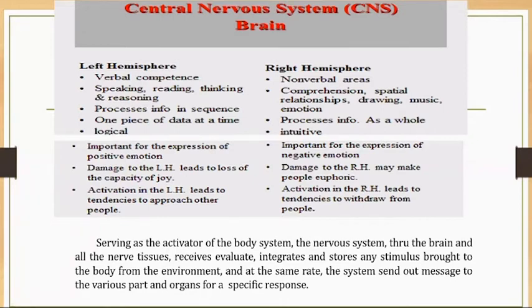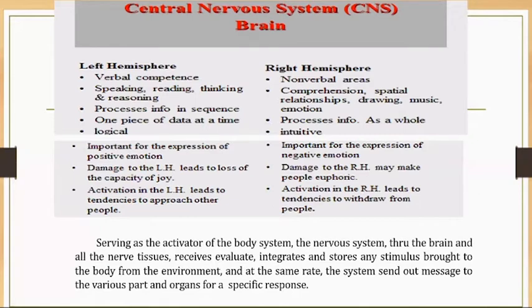Another, damage to the left hemisphere leads to loss of the capacity of joy. That's why it is frightening. We should avoid damaging our left hemisphere because we might lose the capacity of joy. Also, damage to the right hemisphere makes one euphoric. And activation in the left hemisphere leads to tendencies to approach other people.